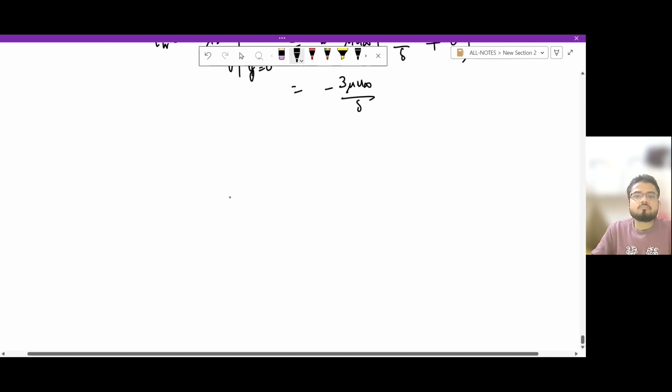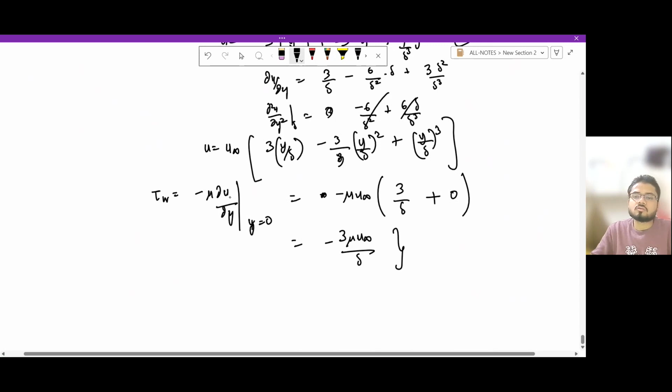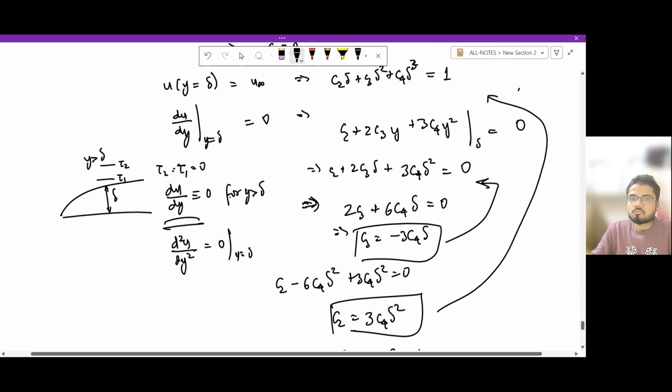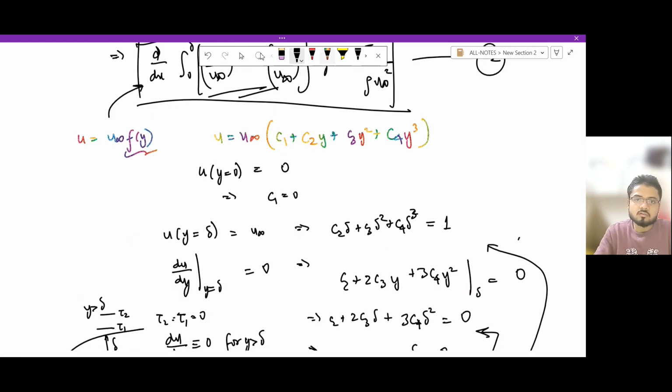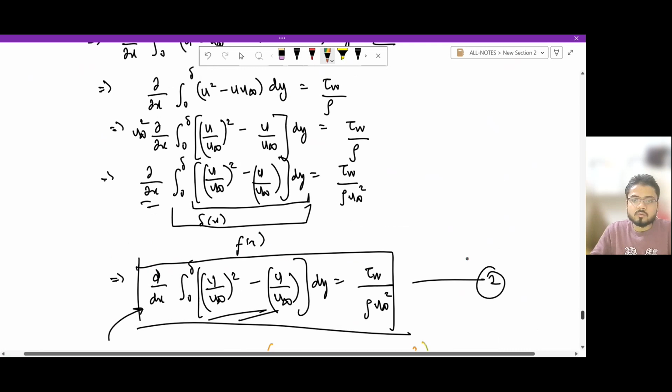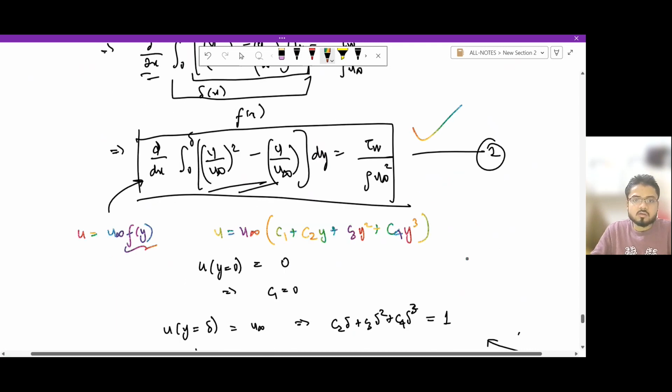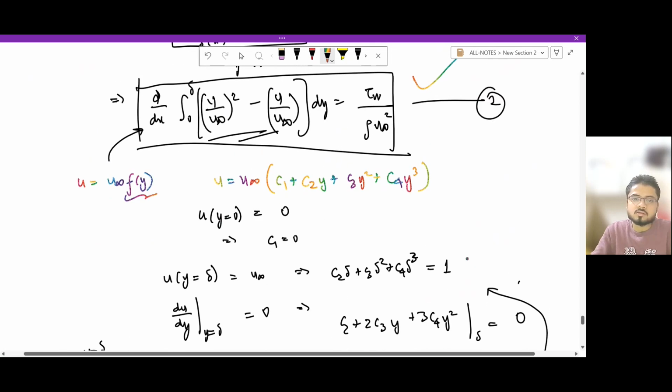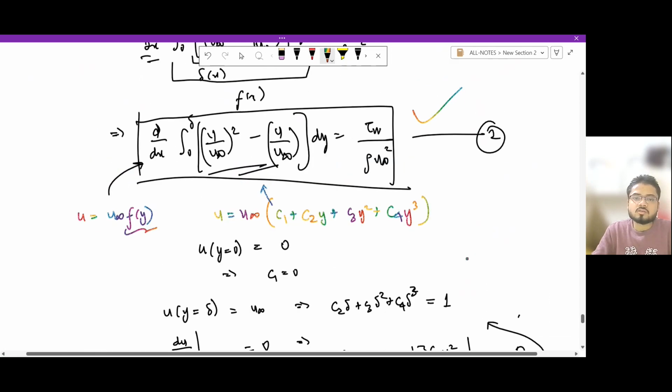Anyway, so whatever the calculations you can always perform here, those are not the focus of this class, but more is how you are obtaining this integral form of equations, this one, and how whatever you are substituting inside this does not matter much.